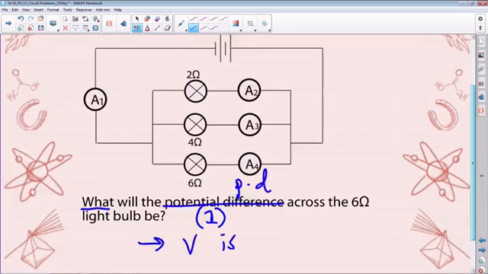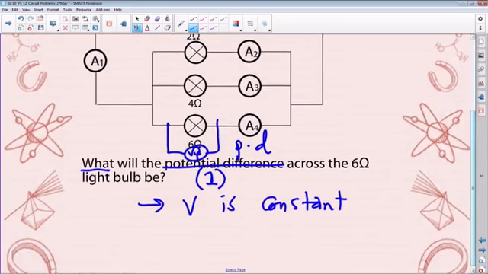So because voltage is constant, if we connect a voltmeter across the 6 ohm resistor there and call it V4, because it's A4 there, it will be the same as the value at the top, which is 3 volts. So V is equal to 3.0 volts. Very, very important.